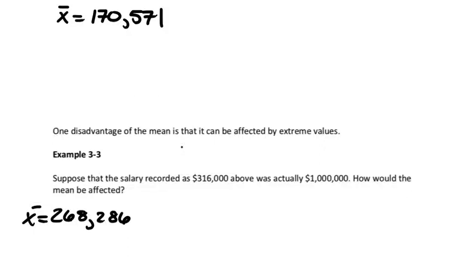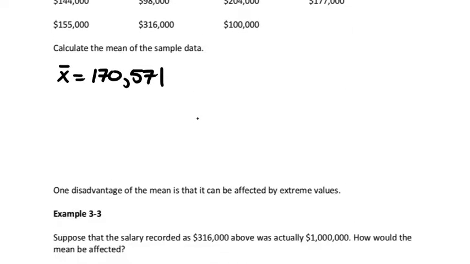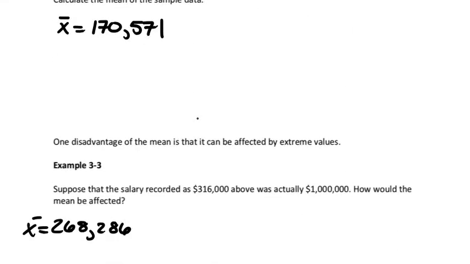And actually, my new value for the mean is greater than all of the other data values, except for the $1 million value. So the mean in this case is not a very good representation of the center of the data set because it's greater than 6 of the values and less than 1 of the values.